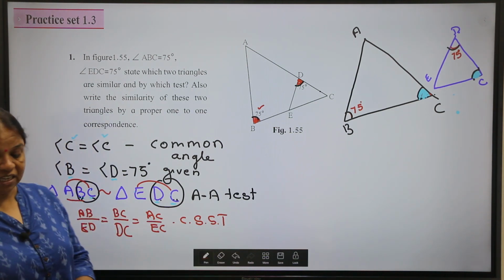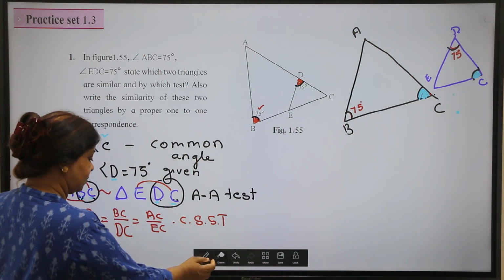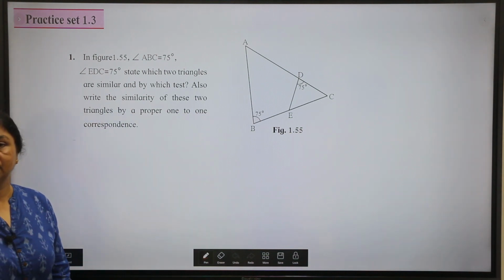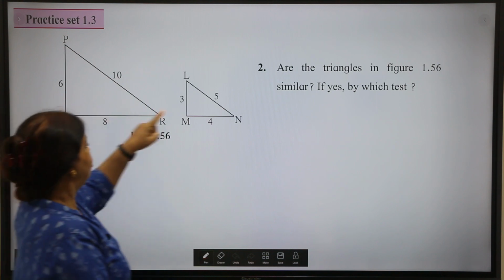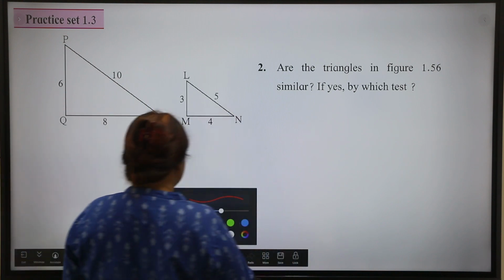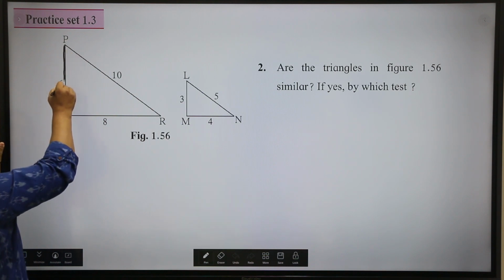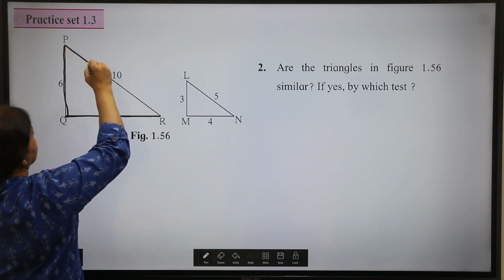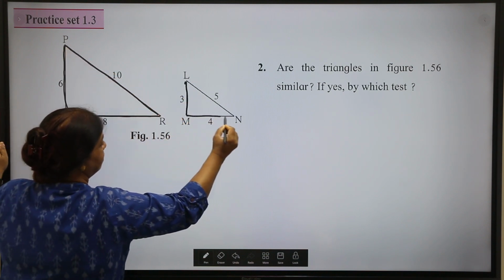Now move to the second question. There are two triangles which you can see, children, clearly. This is triangle PQR and triangle LMN.